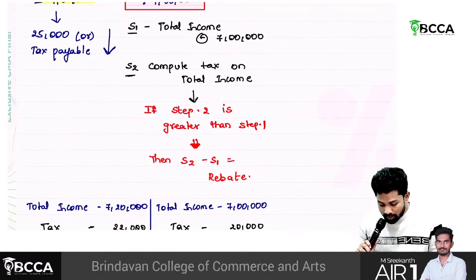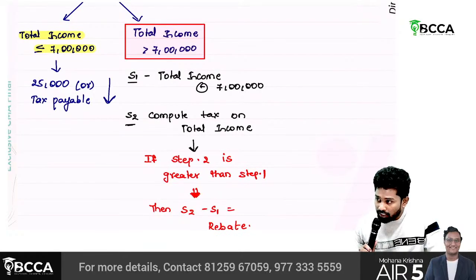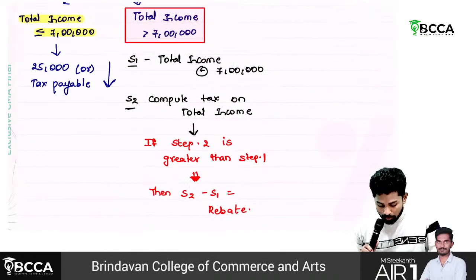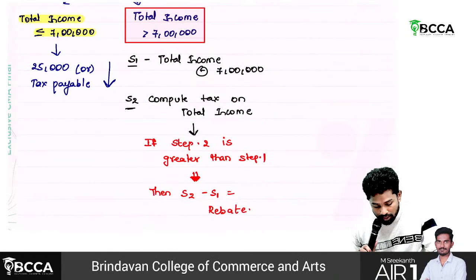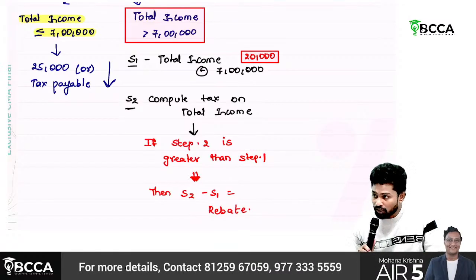So in this case, what is the rebate? First, total income minus 7 lakhs. The total income is 7,20,000. If you subtract 7 lakhs, the answer is 20,000. Then compute tax on total income.